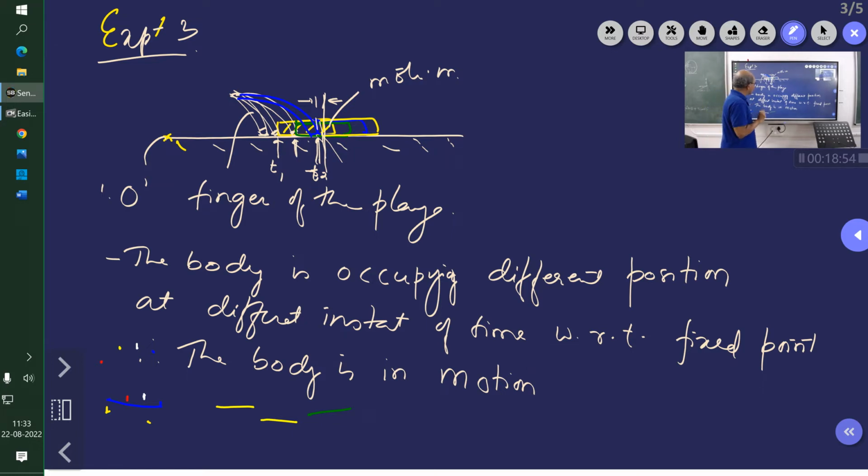So the body is in motion. Now you understand the body is in motion because his finger is moving.